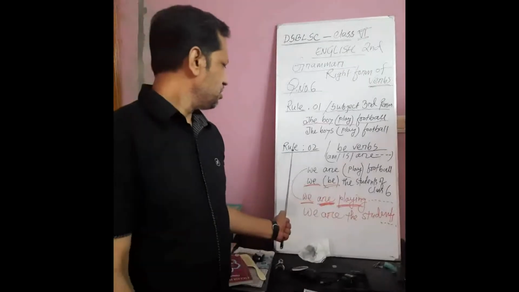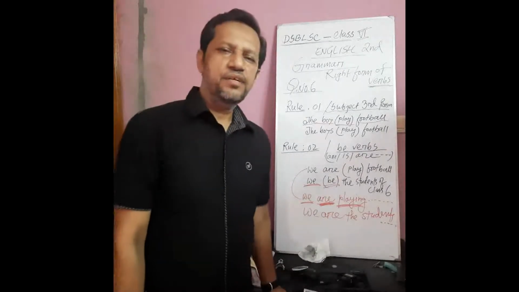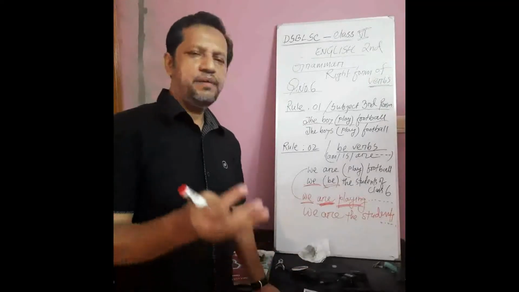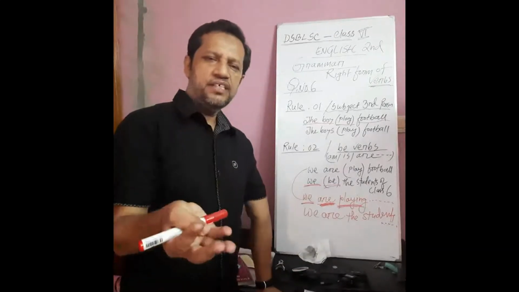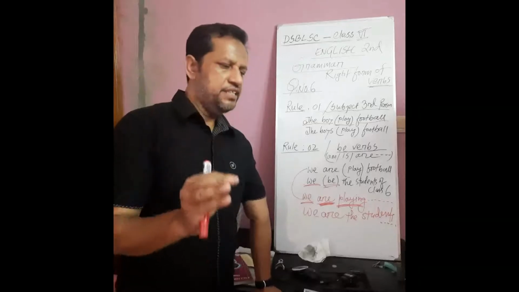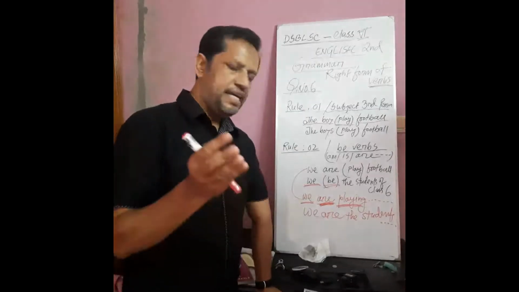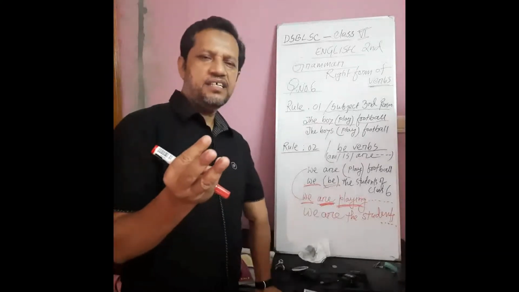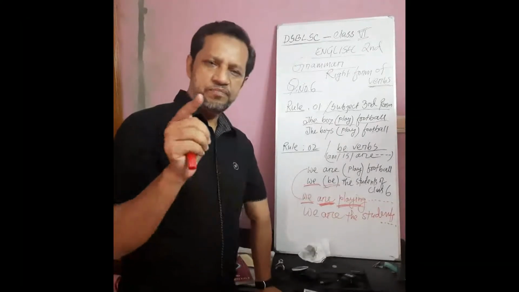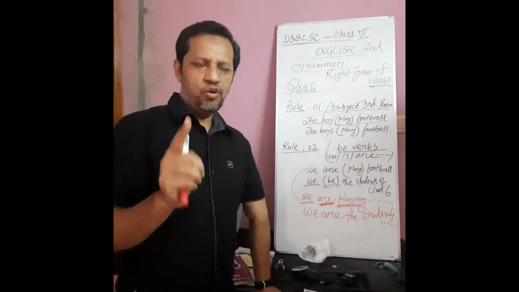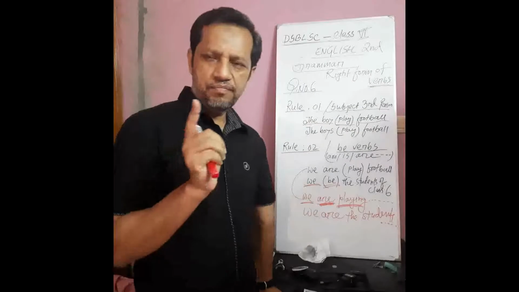Here rule 2, I have to repeat. Be verbs: am, is, are, was and also were. These five verbs are called be verbs. Am, is, are are used in the present tense, and was and were are used in the past tense.